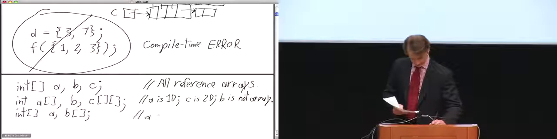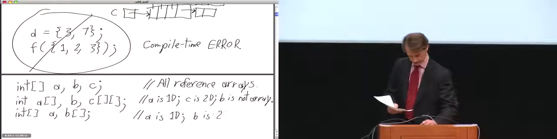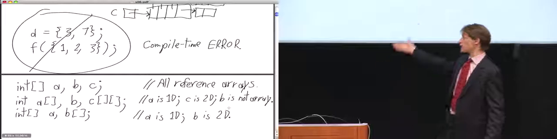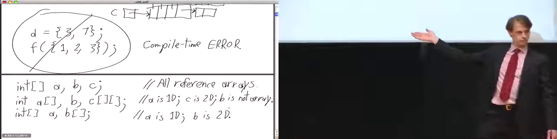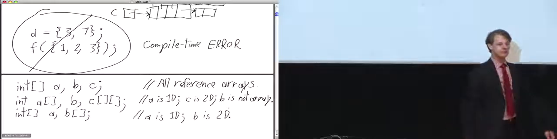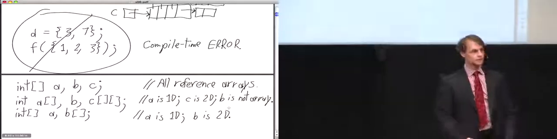So now, in this example, a is a 1D array of ints, and b is a 2D array of ints. So if you see declarations like that, you will know what they mean. I usually recommend sticking to the first style at the top, but it's not a hard and fast rule.